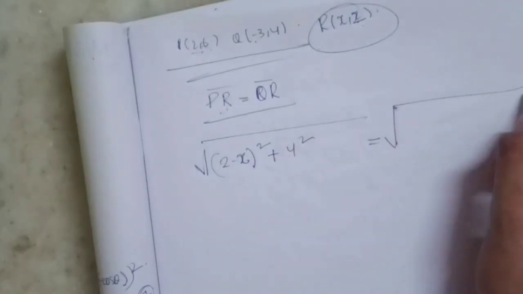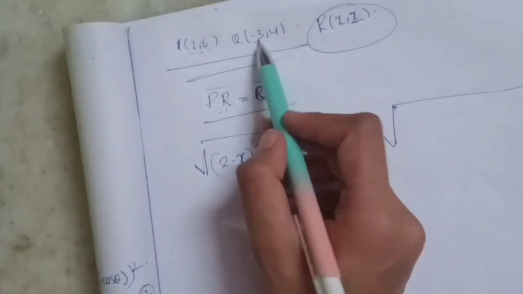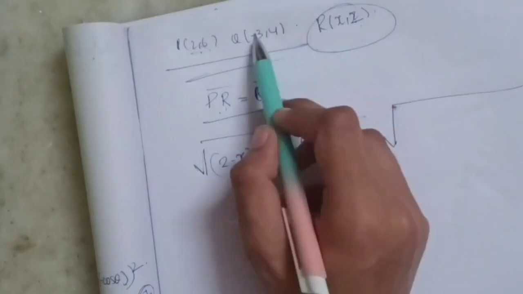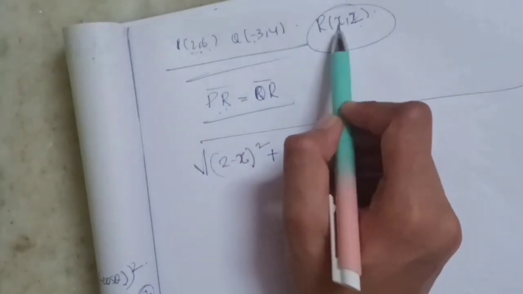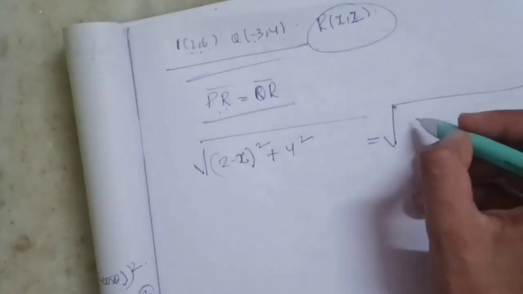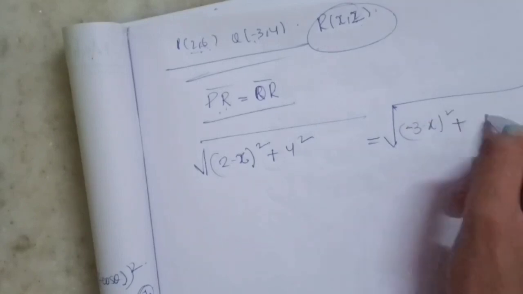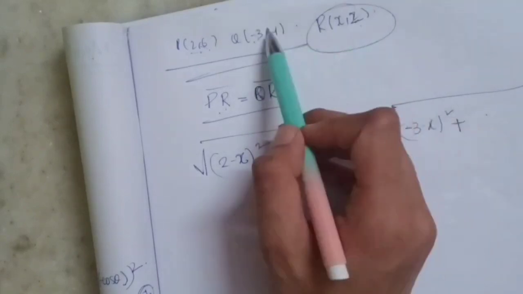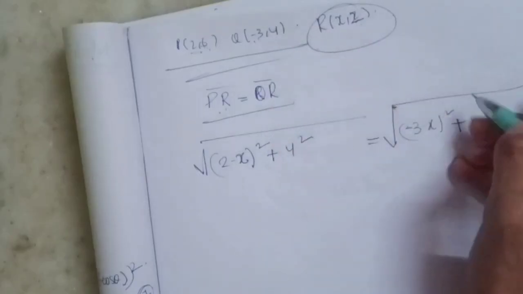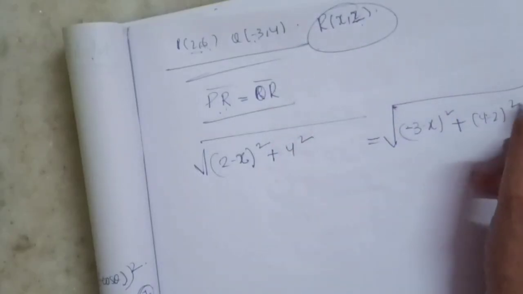That is equal to the square root of the QR distance: the difference between the x coordinates, minus 3 minus x, it's nothing but minus 3 minus x whole square, plus the difference between the y coordinates, 4 minus 2 whole square.